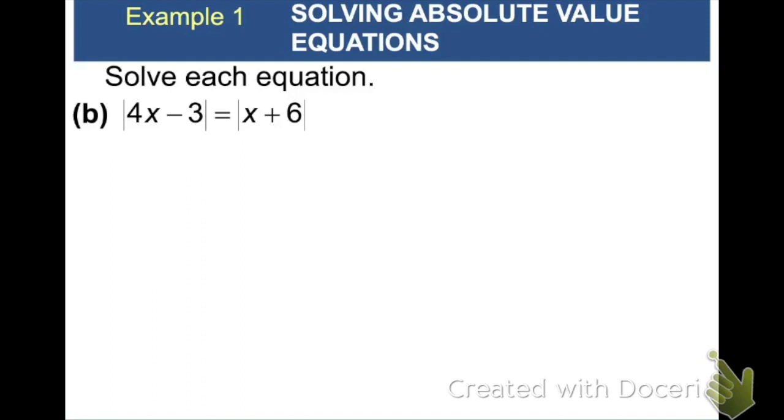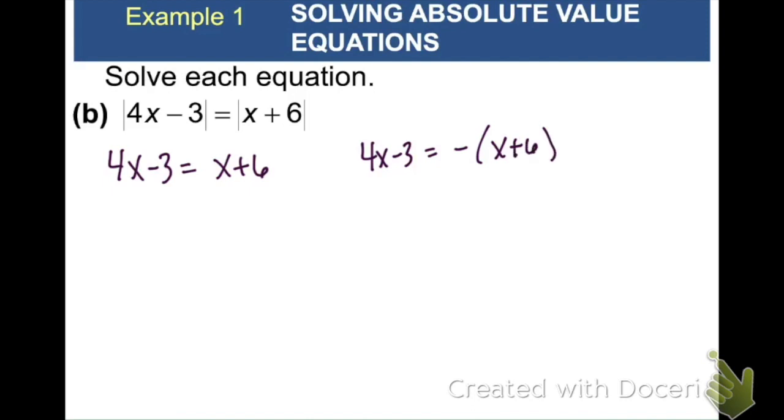For this next problem, we're going to do the same thing. It's just like case 1, since we have an equal sign here. We're going to take 4x minus 3, and we're going to set it equal to a positive x plus 6, and we're going to set it equal to a negative x plus 6, which looks like this with the negative outside the parentheses, and solve each of these.